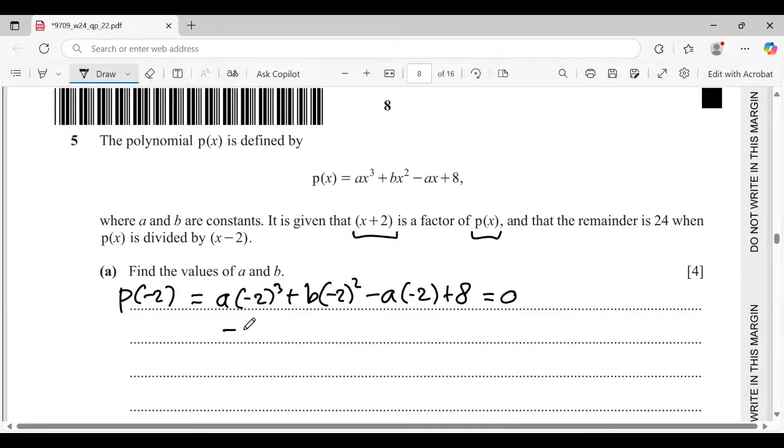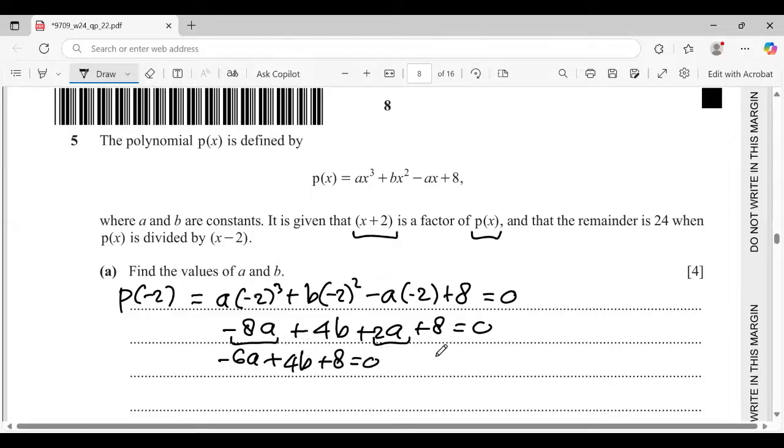It's going to be −8a plus 4b plus 2a plus 8 equals 0, or −6a plus 4b plus 8 equals 0. We can rearrange it as −6a plus 4b equals −8. This is the first equation.